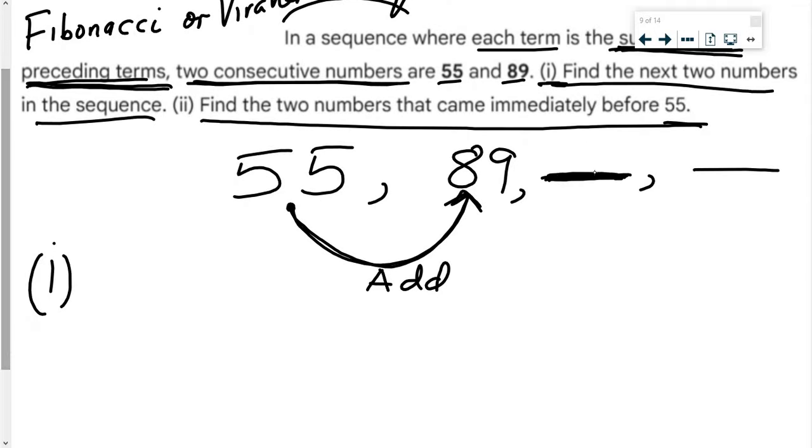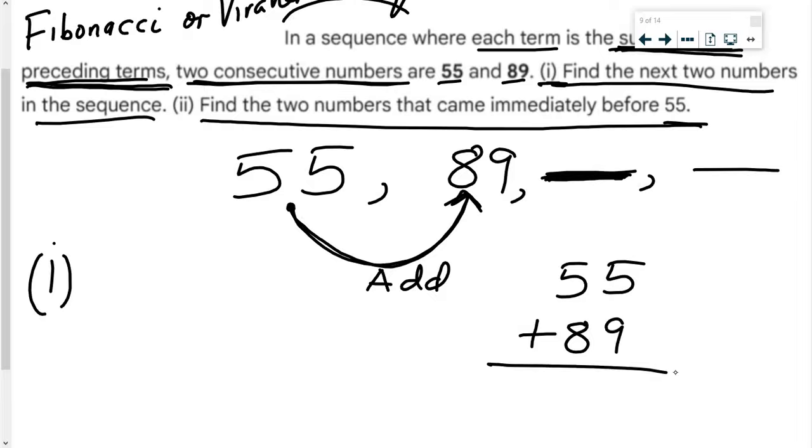So how do we get this number? Simple. 55 plus 89. When you do 55 plus 89, this is 14, carry 1, and this is 13, add 1, that is 14. So the next number is 144.